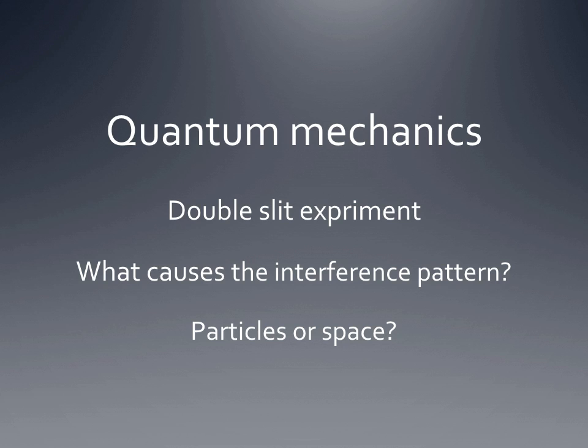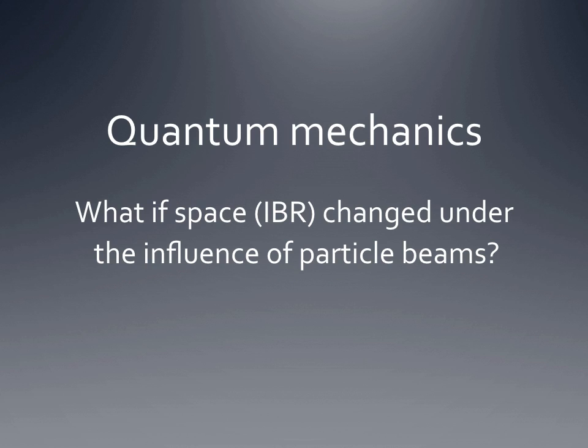In part 1 of this little presentation, I was wondering what might cause the interference pattern in the double slit experiment. Was it really due to a dual nature of particles, or was it due to a spatial effect? I was suggesting that maybe space changes under the influence of particle beams.